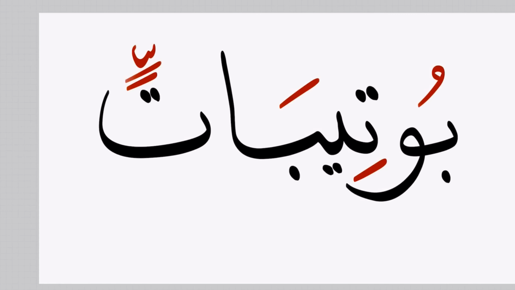There is a shadda here, and it's attached to tanween kasra. How do you think the ta letter it is attached to here will be pronounced when the ta letter is on its own? Try to pronounce the whole word. Pause the video, test yourself, and come back.